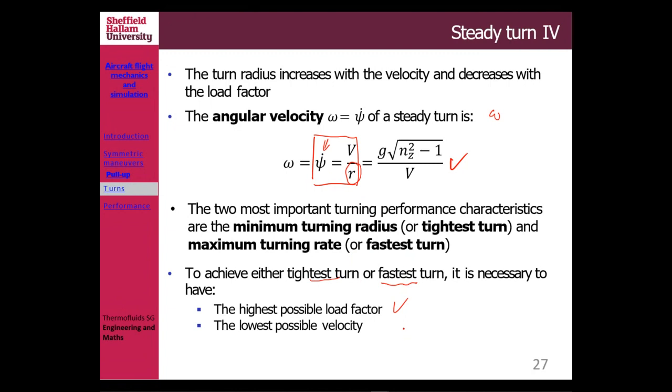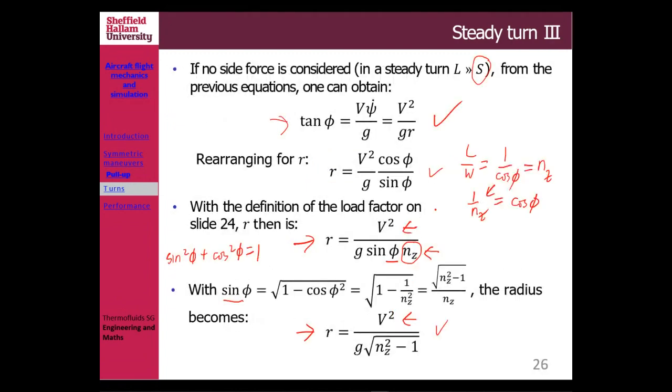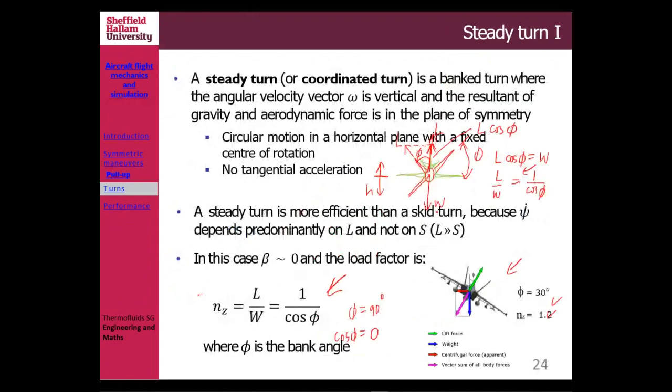How? Obviously, you see from this equation, to increase the load factor is to increase your bank angle, right? So the fastest turn for your fighter aircraft is if you do it with quite a bigger roll angle, a bigger phi, because when you make a bigger angle, for example 45 degrees, you increase your n to 1.4.